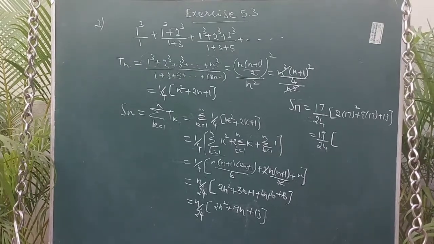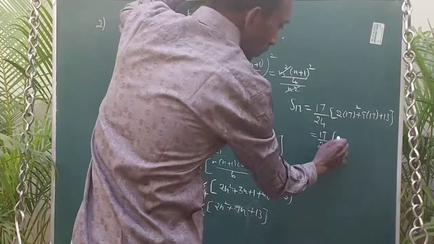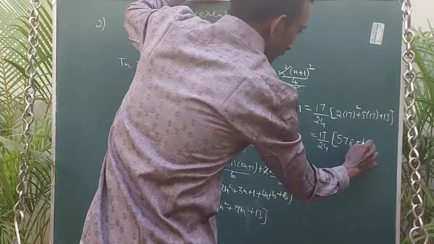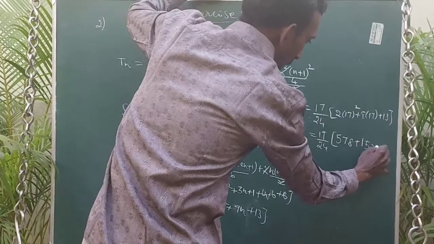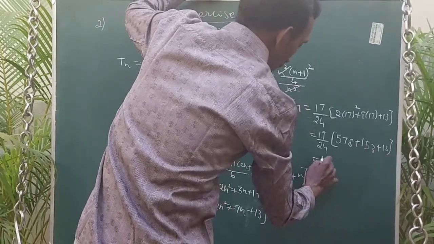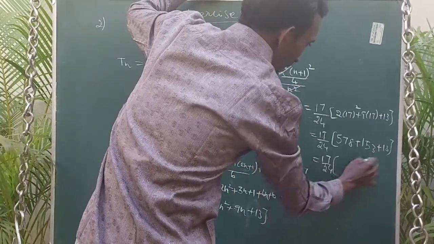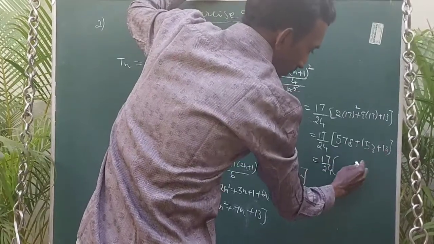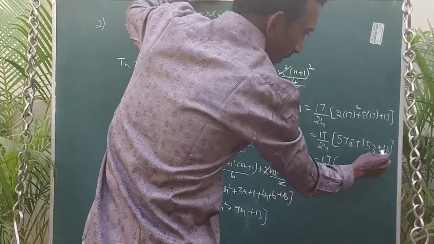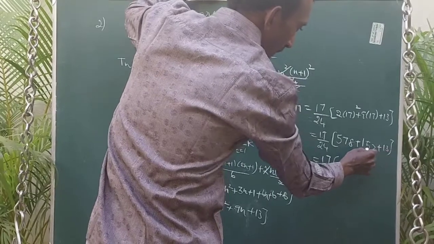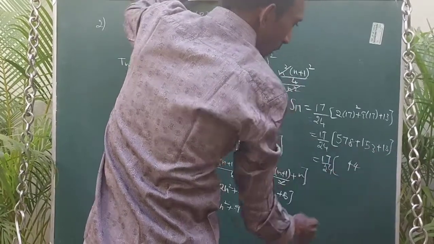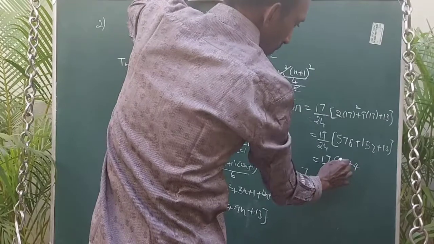So 578 plus 153 plus 13. Sum up all the things. So what we are getting, 3 plus 6 plus 8, 17, remaining 1. 2, 7, so 14, remaining 1, 2, 7.